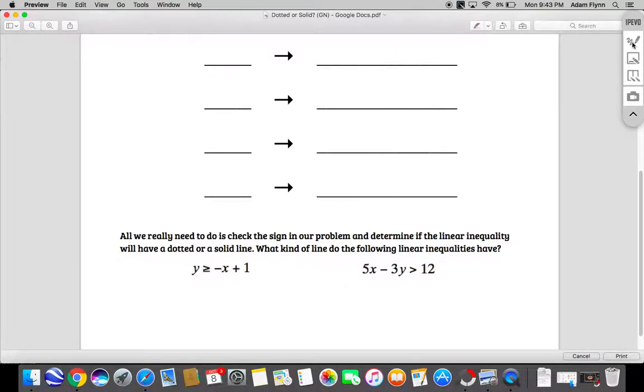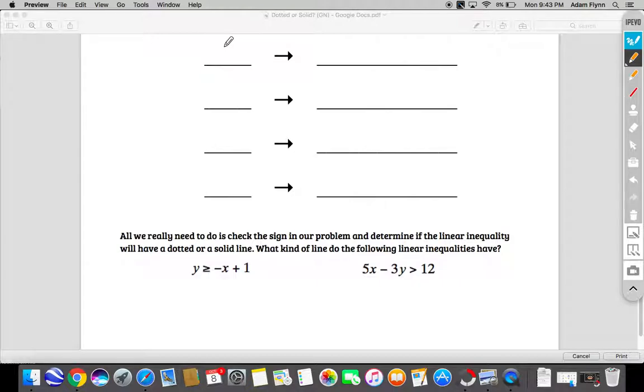So for our four inequality signs, we have less than, we have greater than, we have less than or equal to, and we have greater than or equal to. Okay? So as I just said above, when we have a dotted line, that means our solution is excluded.